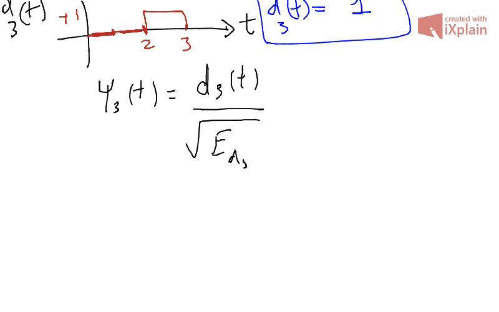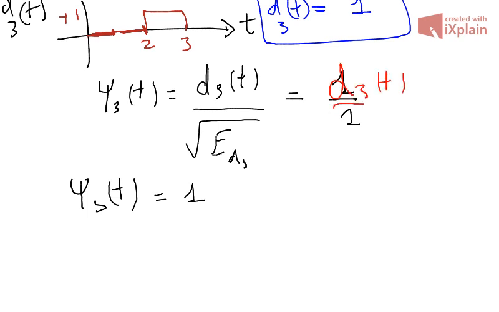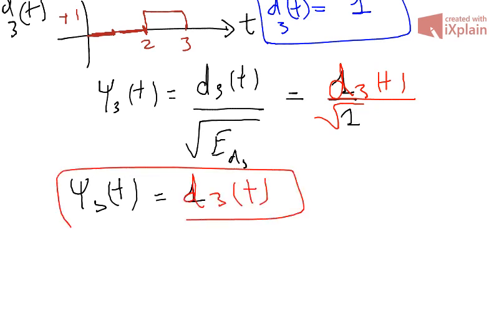The energy is also unity if you compute that energy. So you have 1 over 1, and this is actually unity. Sorry, this one you should correct, this is d3 of t. Energy is unity, so d3 of t over square root of 1, and you are getting d3 of t. So your psi 3 of t is actually d3 of t.